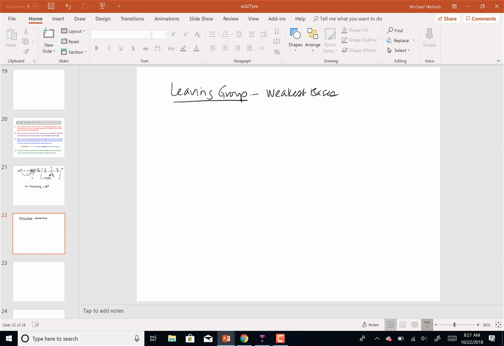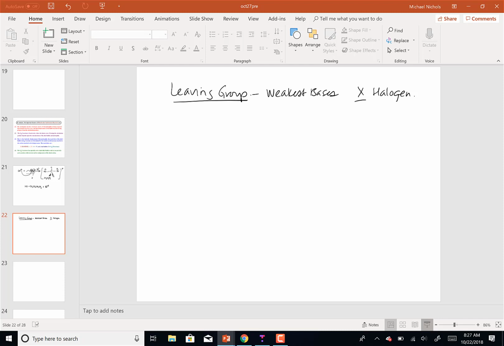The stronger the base, the weaker it is as a leaving group. The weaker it is as a base, the better it is as a leaving group. So halogens are ideal. But that doesn't mean that we can't use other groups and make them leaving groups.